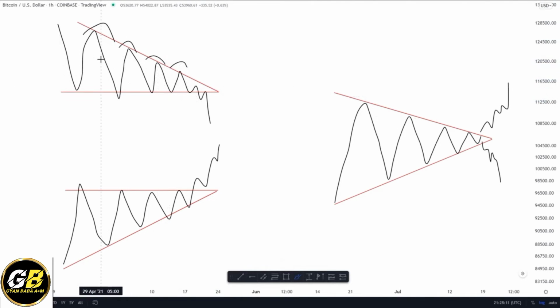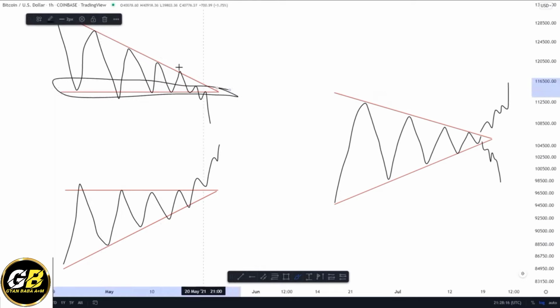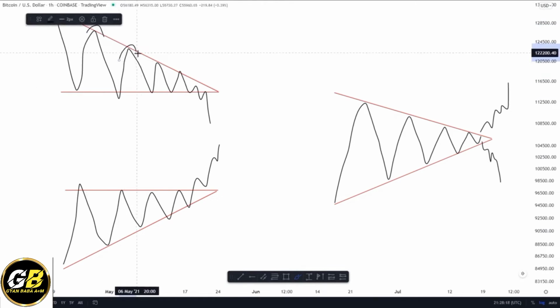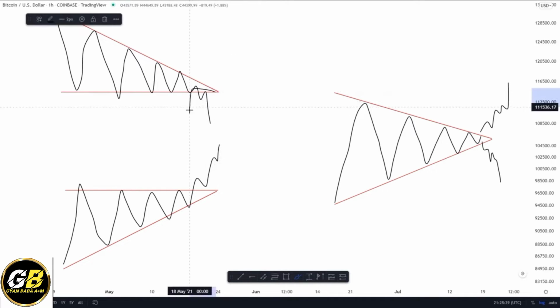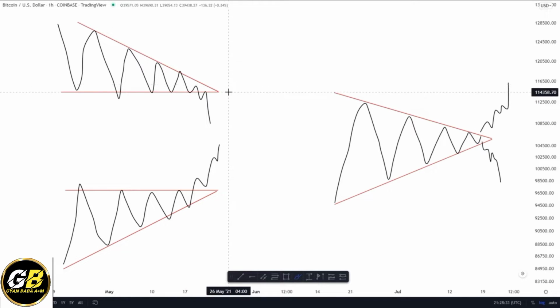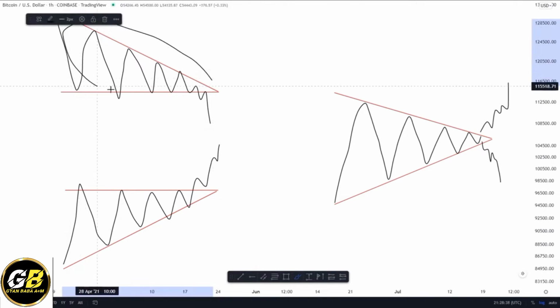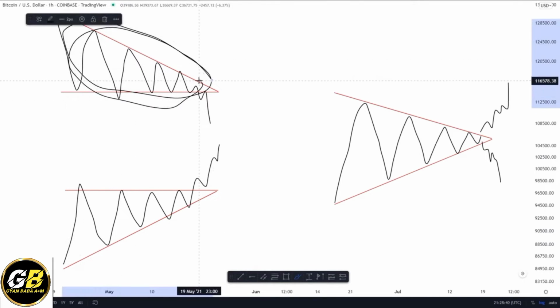Every single time buyers are stepping in at the exact same region, whereas sellers are getting more and more aggressive. So eventually this is implying that sellers are going to climax their aggression and buyers are going to get exhausted and let price fall lower, right? So that's really all that it is.